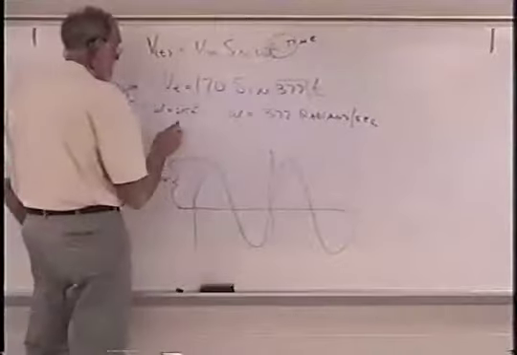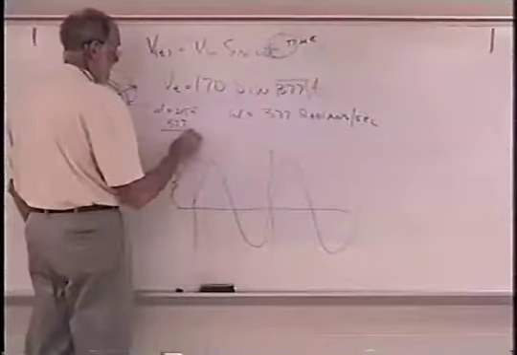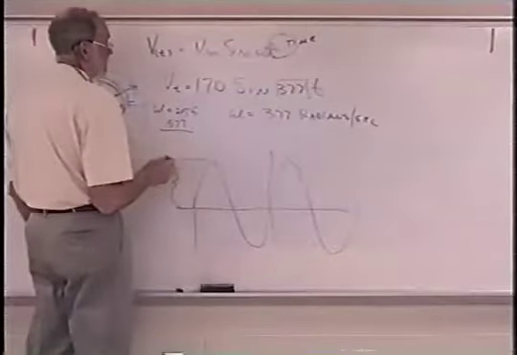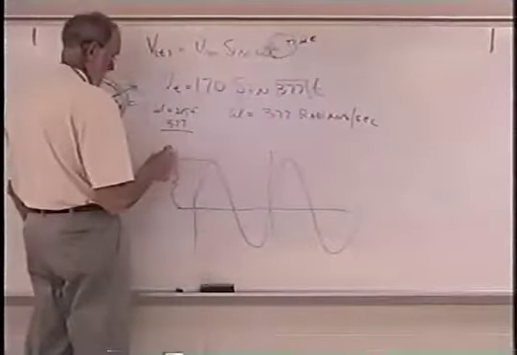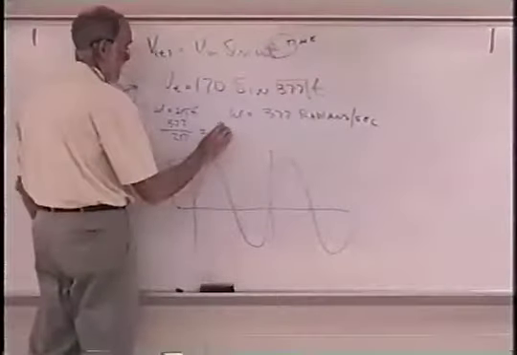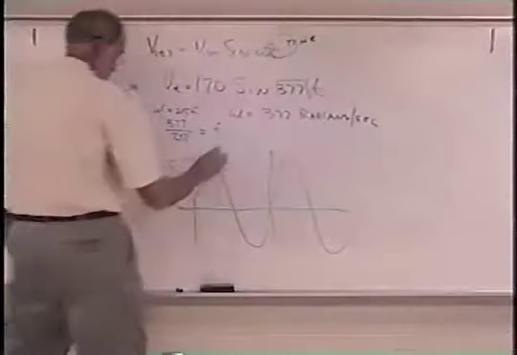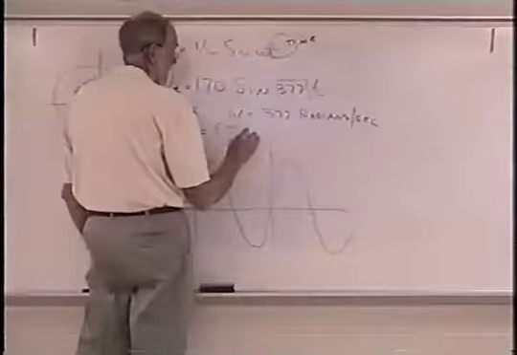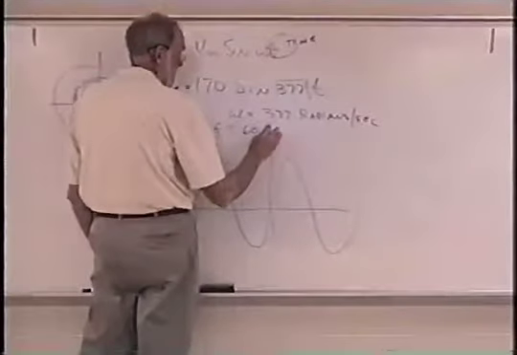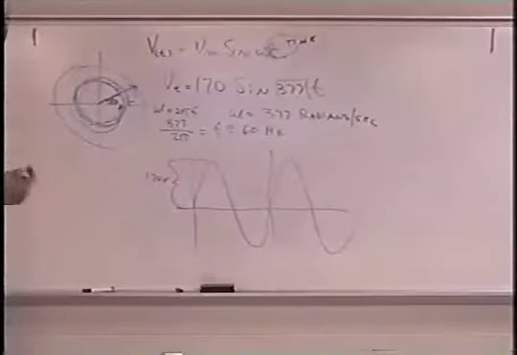If omega is 2 pi times the frequency, if I divide 377 by 2 pi, I should end up with the frequency. And if I divide 377 by 6.28, I end up with approximately 60 hertz, or 60 cycles per second.